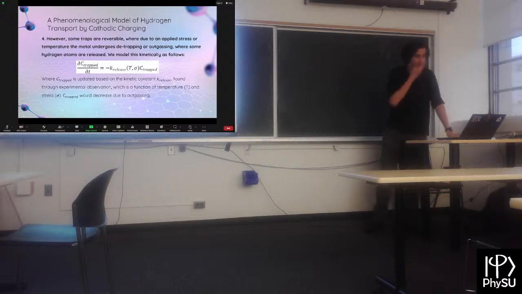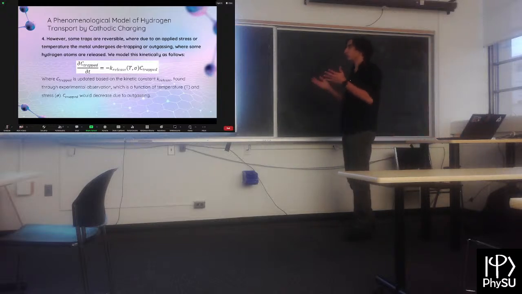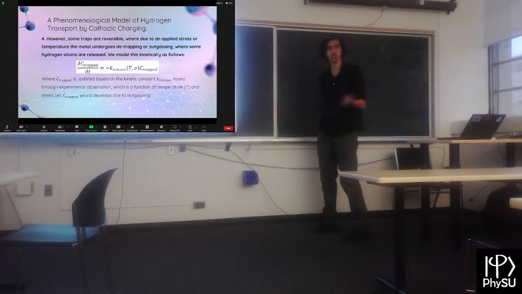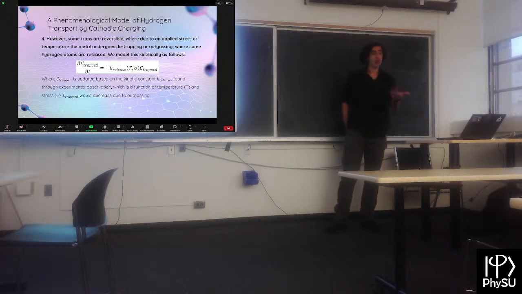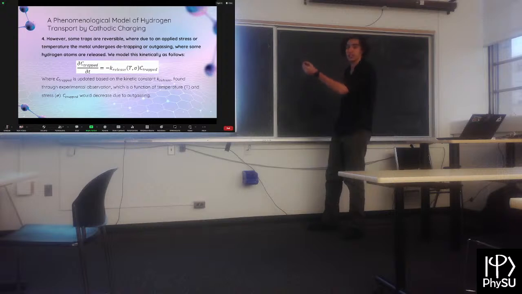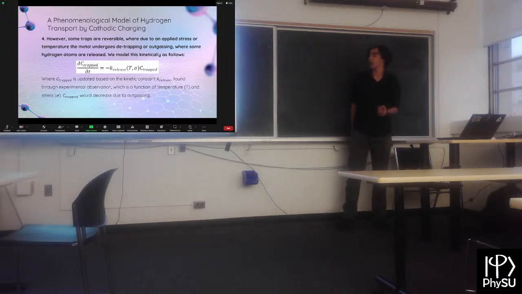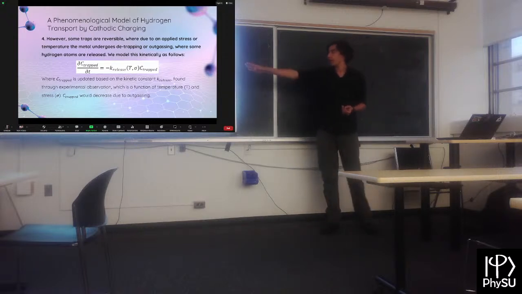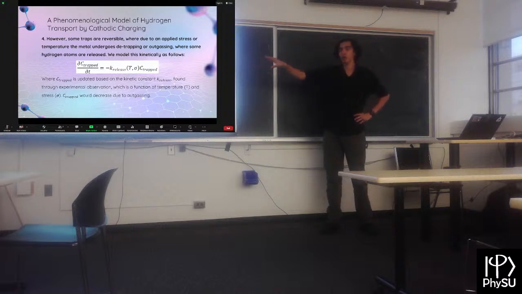And then finally, I mentioned shallow or reversible and irreversible traps. We can consider that as well. Some of the reversible traps we can also model kinetically by updating the concentration of trapped hydrogen. So we take another kinetic constant, K_release, but that would depend on temperature and stress.